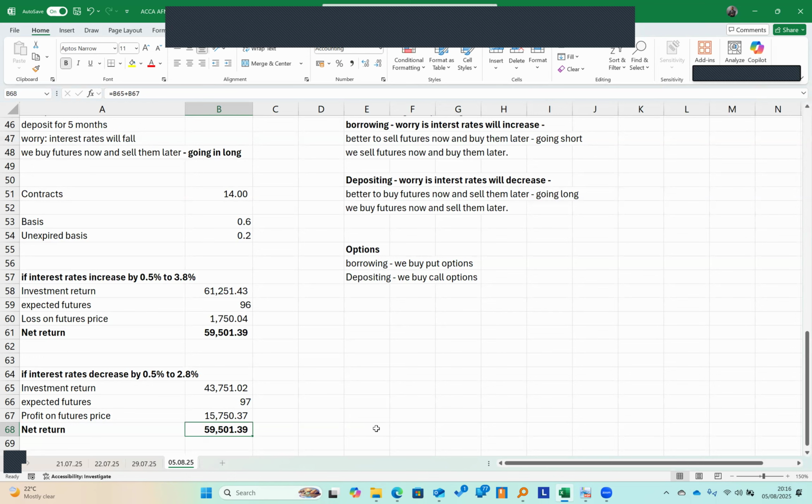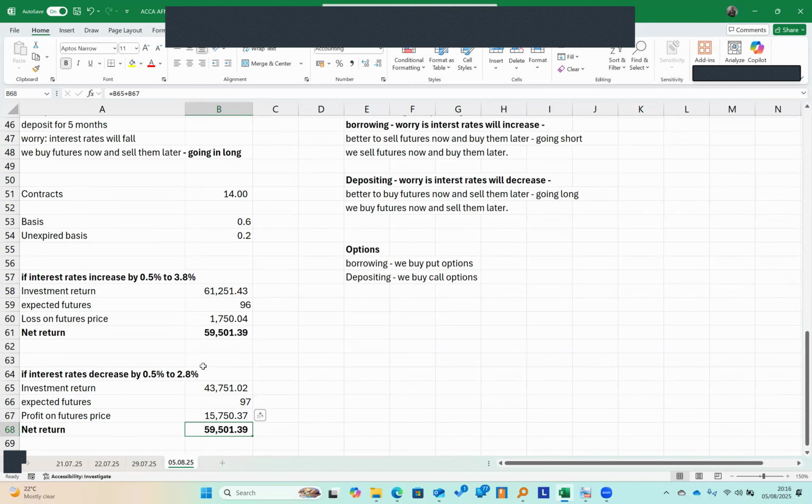The problem is that since we are depositing, if the interest rate increased, we shall not benefit, as you can see here. But also, we shall not lose out if they decreased. That's the thing about the futures.